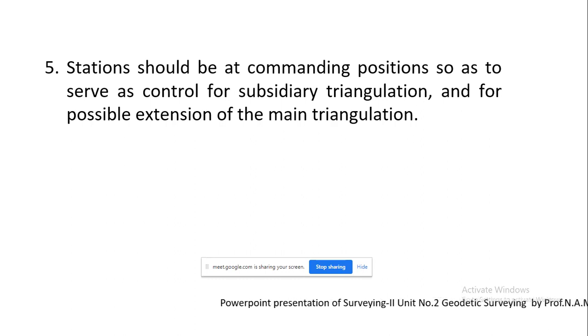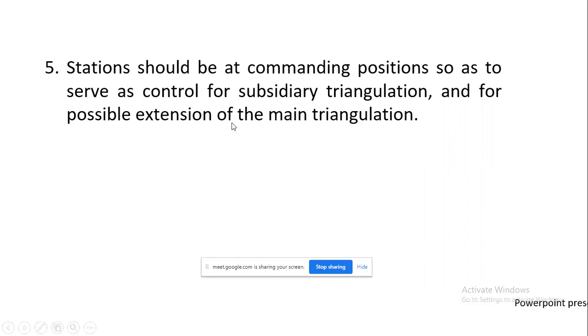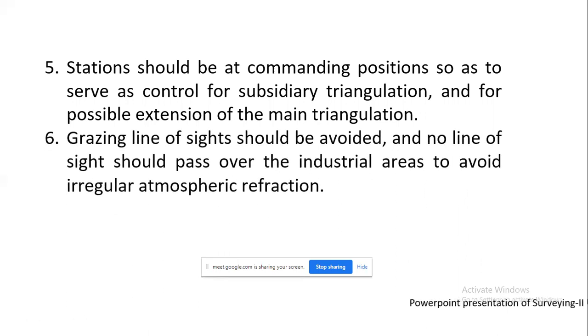And if I am again interested in going from the secondary triangulation system to tertiary, that will be okay for extension of my main triangulation.